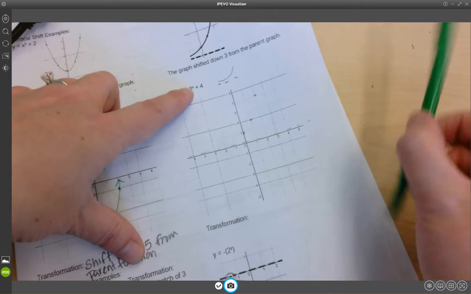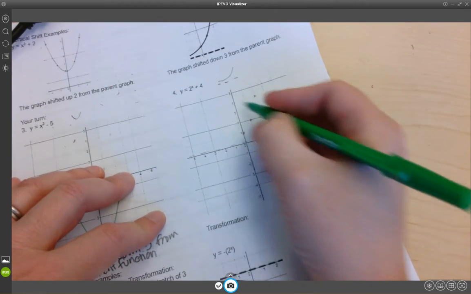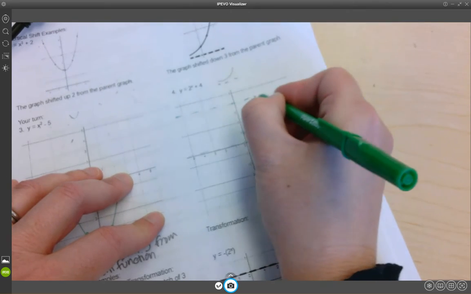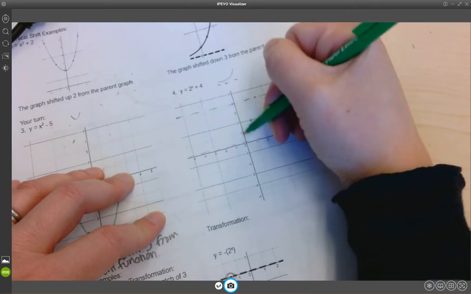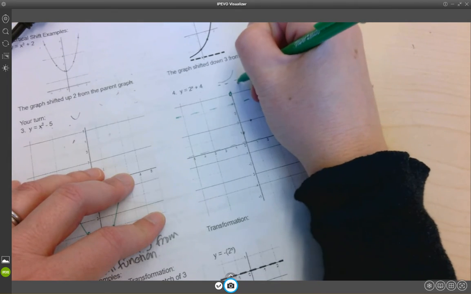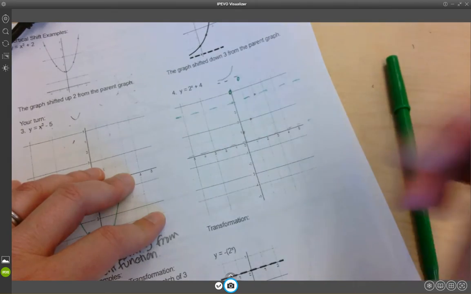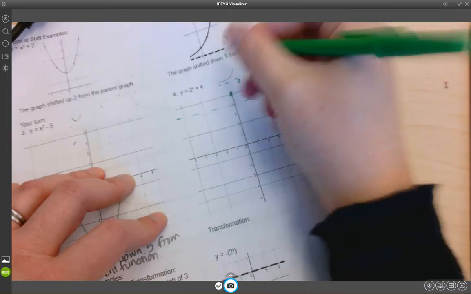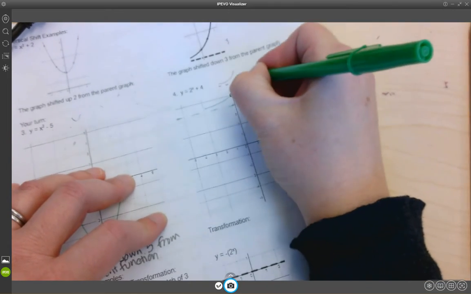Okay, so everything moves up 4, so that means my asymptote goes up to 4. This point moves up 4. This point moves up 4, and I think I'm running out of space for this point, so I'm just not going to do that point. I'm going to erase my parent function, and I'm going to finish graphing.